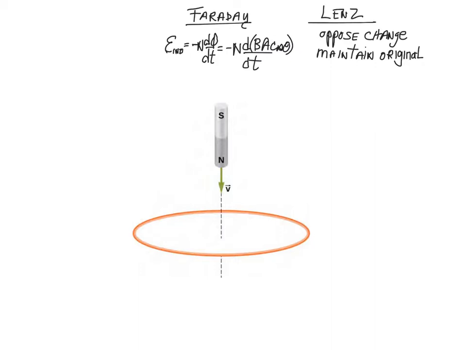And using right-hand rule number 3, we circulate our fingers this way so that our thumb points up, because that's the direction of the field. So the induced voltage and induced current looking from above has to be counterclockwise through the loop.